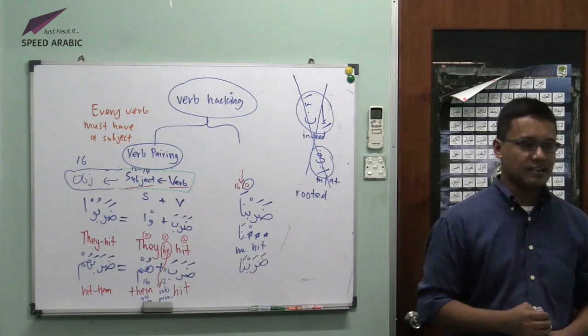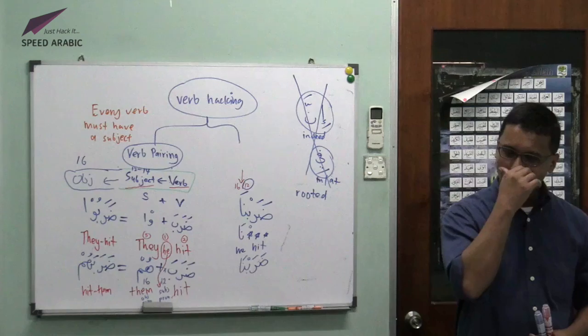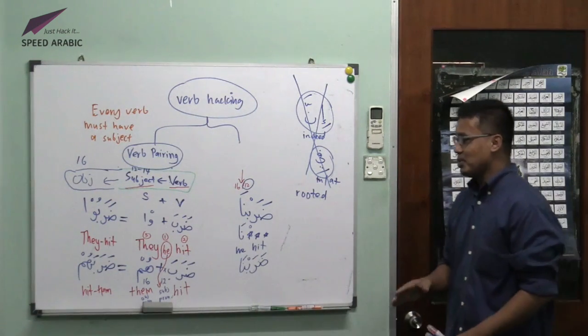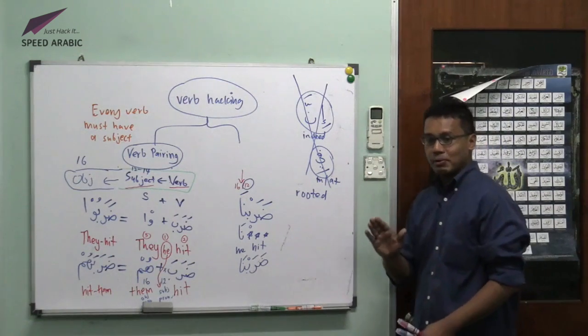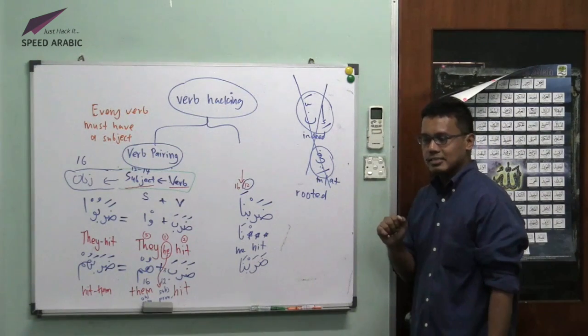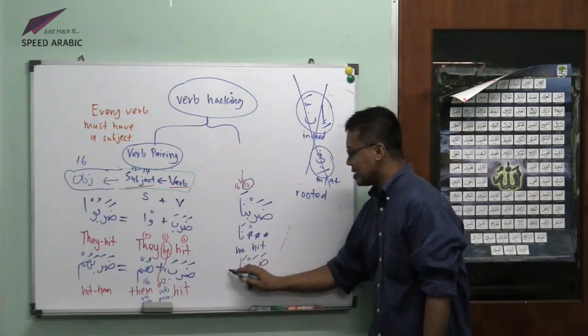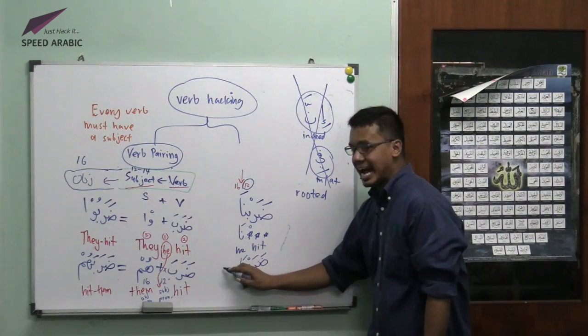We take one by one. How do we say we hit? Darabna. Okay, so we hit is darabna, and then we want to add ourselves, or we hit us.